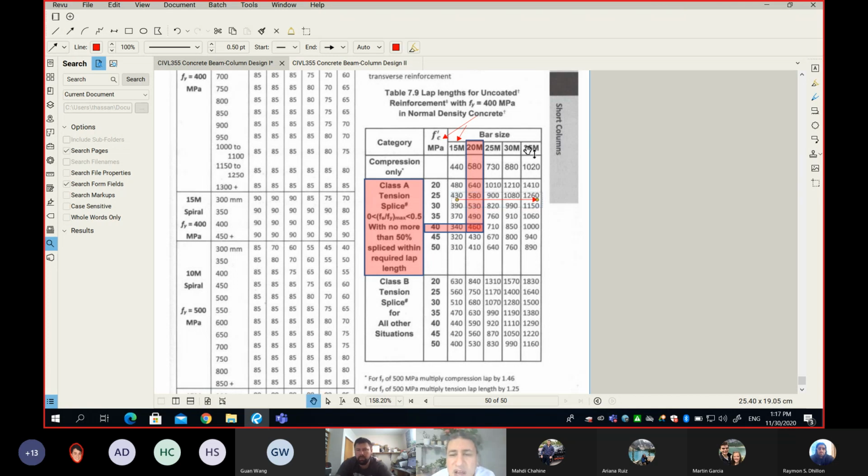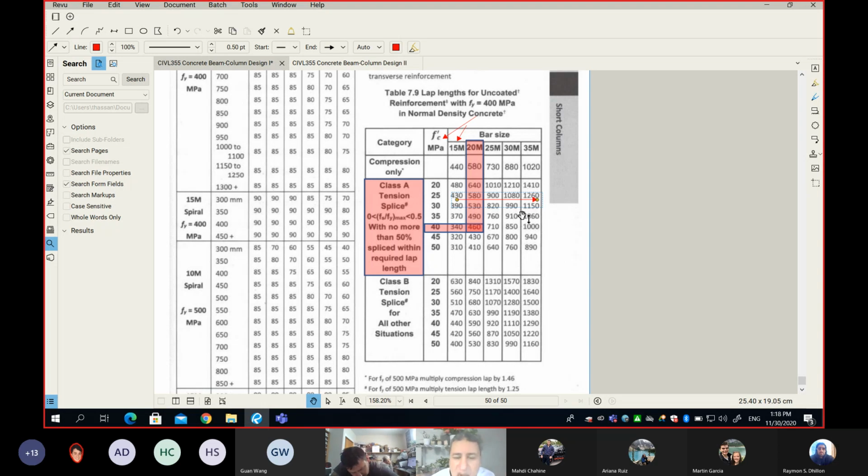If I have 35 M, then I need about 1260 millimeters. So that's 1.26 meters. Okay, so you can tell the other factor that controls the splice length is the diameter of the bar. The larger the diameter, the more splice length we need.